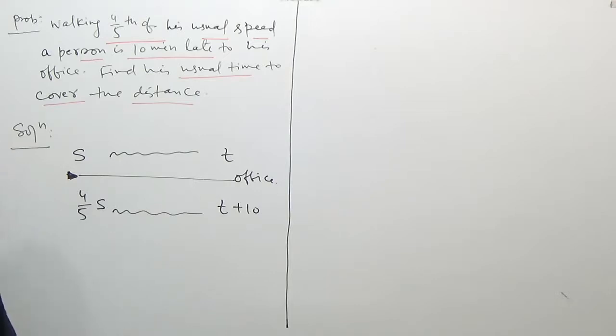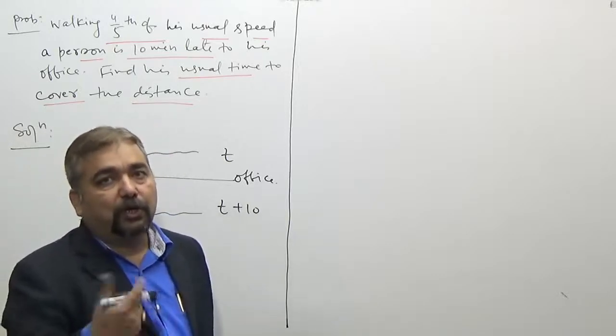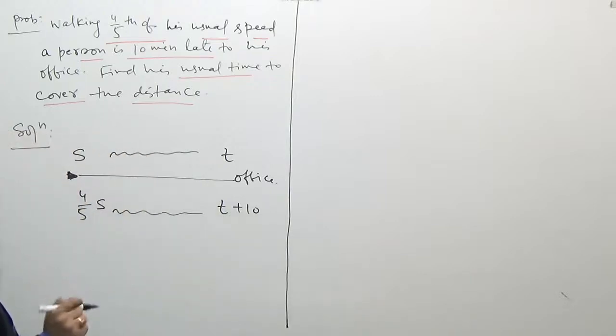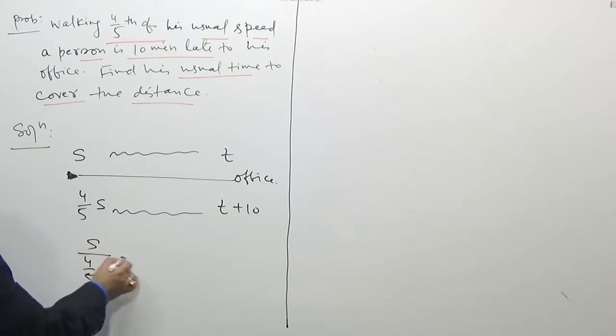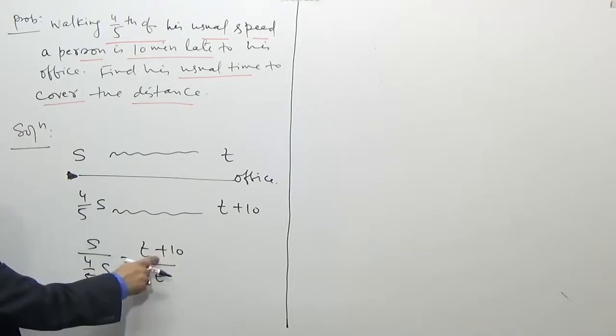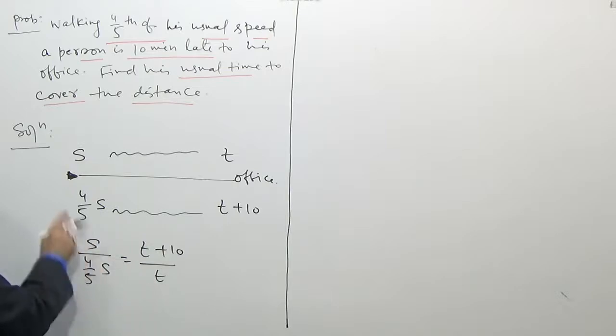Distance is the same in both cases, so ratio of speed equals inverse ratio of time. I am using the ratio when distance is constant, that is S by 4/5 S equals t plus 10 by t. This t plus 10 corresponds to 4/5 S, and this t corresponds to S.